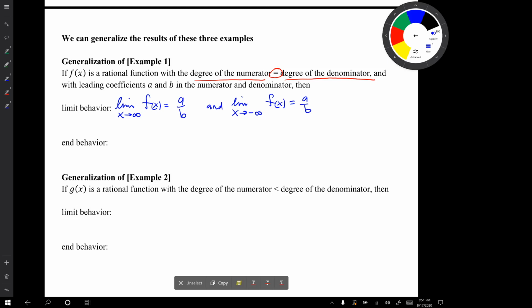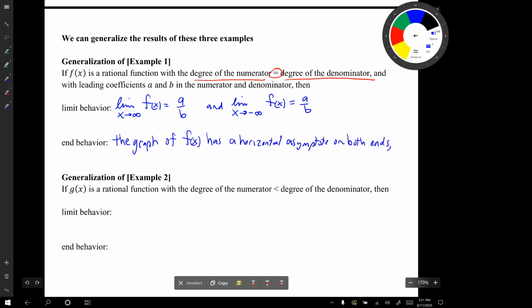And the end behavior is the graph of f of x has a horizontal asymptote on both sides with line equation y equals a over b. That's the generalization of example 1.